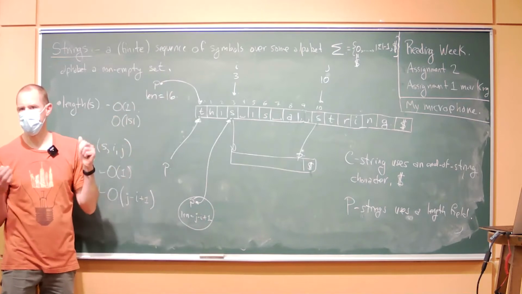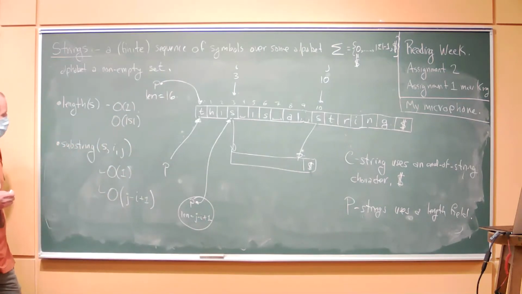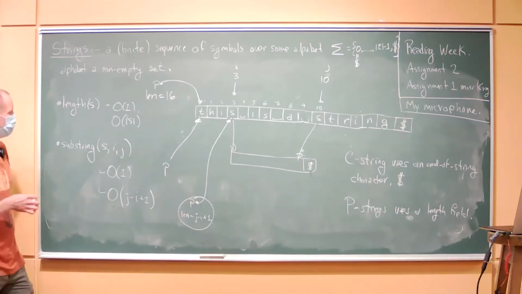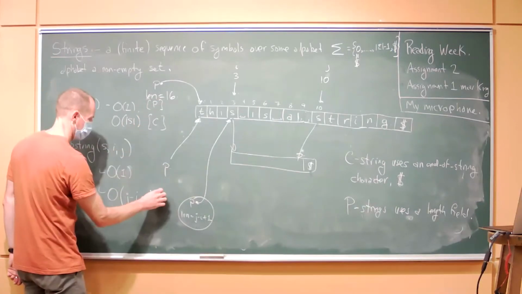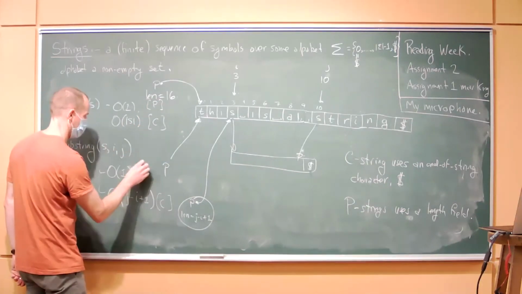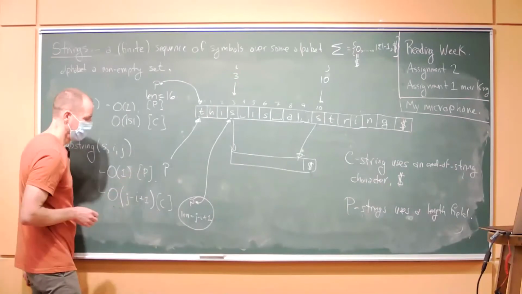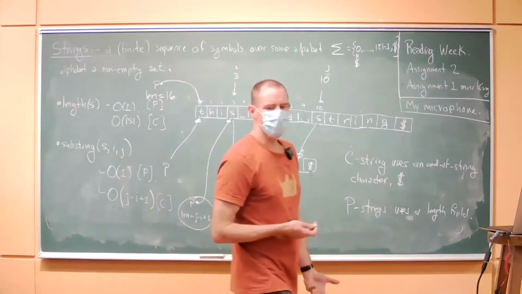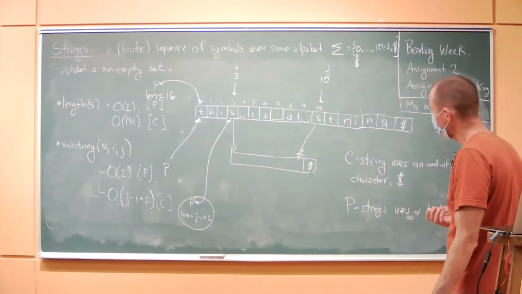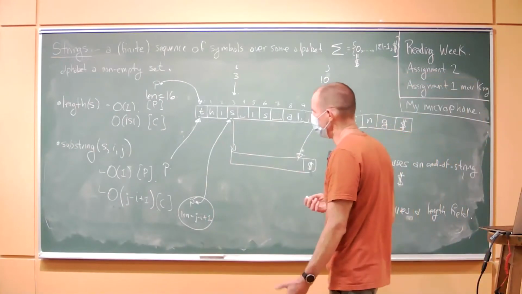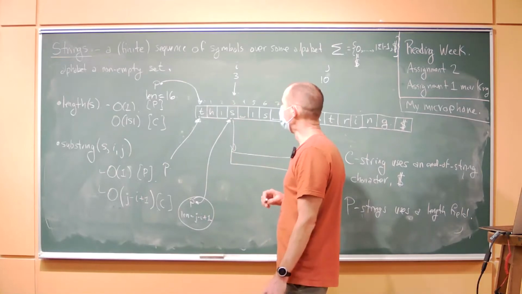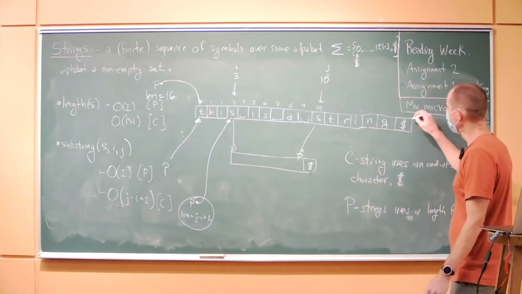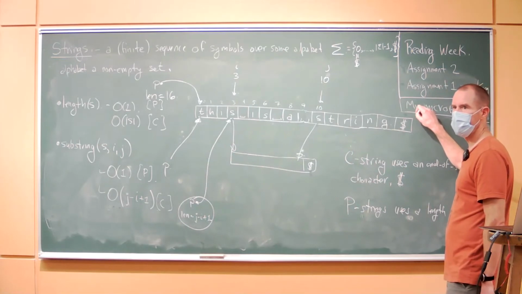Doesn't matter how long it is. And that's not true for C strings. So this is what you get with a C string, and this is what you get with a P string. For almost everything we do, we'll want P strings. The only idea that we'll borrow sometimes from C strings is this end of string character because it's handy.